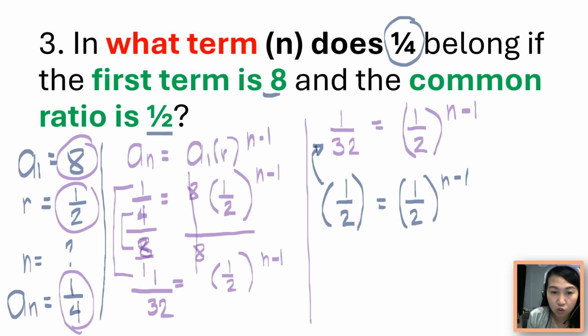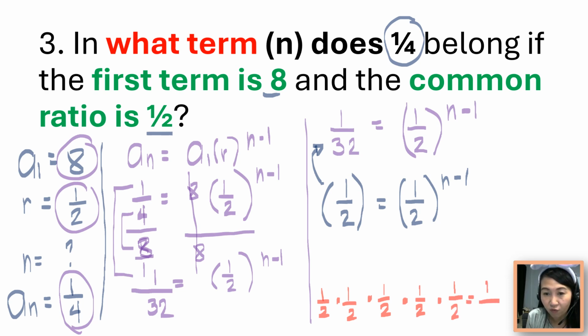O, mag-try tayo. Solve natin yan dito. Okay, so 1/2 times 1/2, that's 1/4. 1/4 times 1/2, kulang pa, 1/8. 1/8 times 1/2, that's 1 over 16. 1 over 16 times 1/2, it gives us 1 over 32.